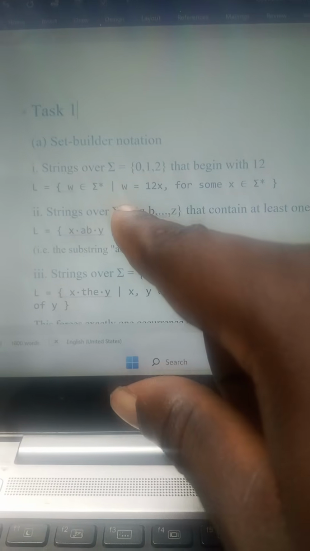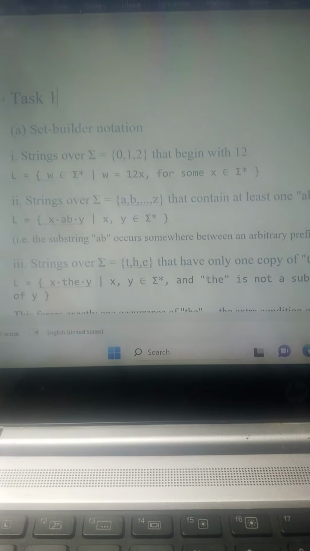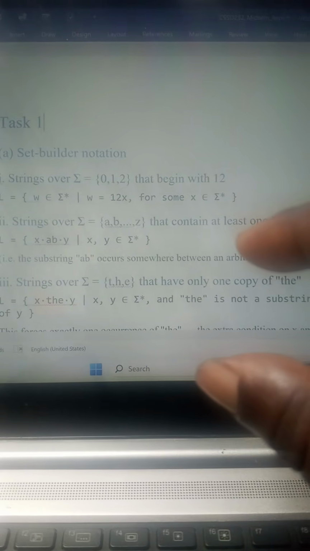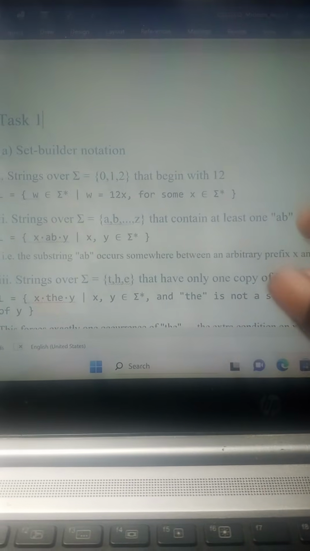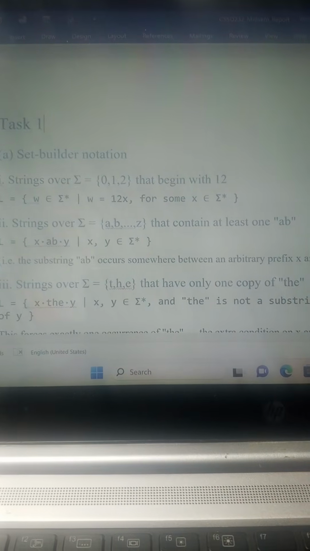So looking at it, we found the language L is equal to W is a member of all the alphabets, such that W is equal to 12x, because all the strings have to start with 1 and 2, for some x that is a member of the alphabet star. So this is the language that we found for the set builder notation I.